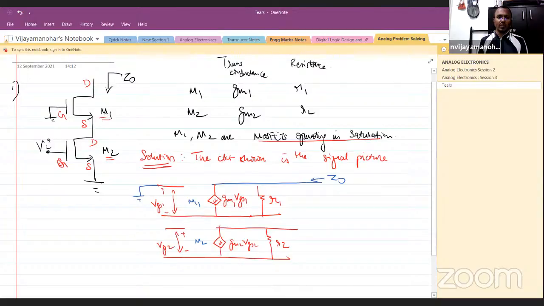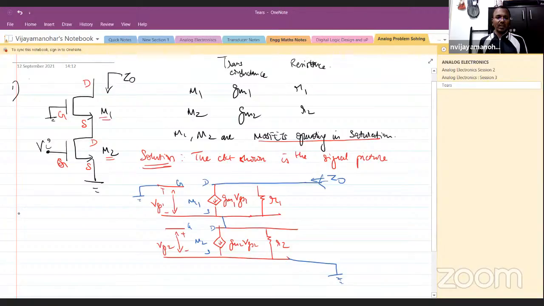The source of M1 and drain of M2 are connected. This is the gate, drain, source. So the source of M1 and drain of M2 are connected. So I'm making this connection. This is at ground. So they are asking you the impedance looking into this port, correct?